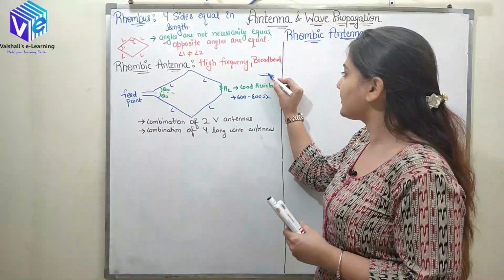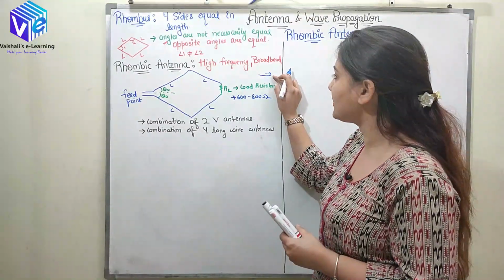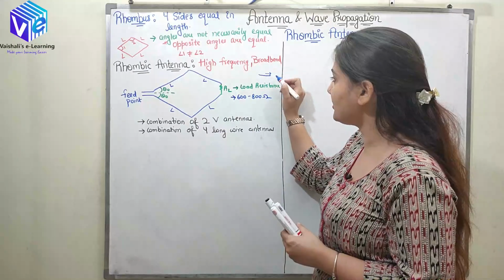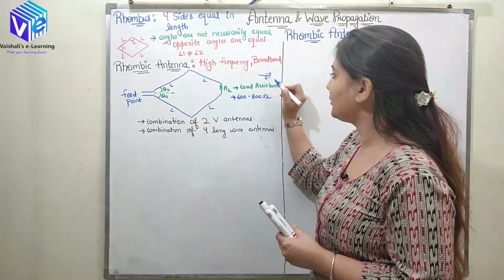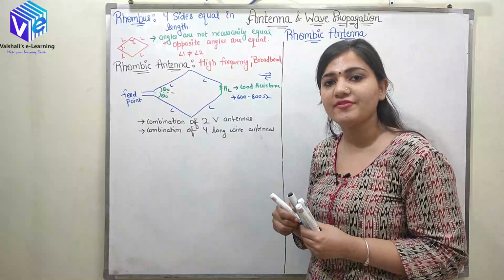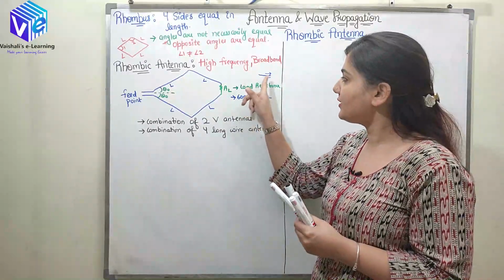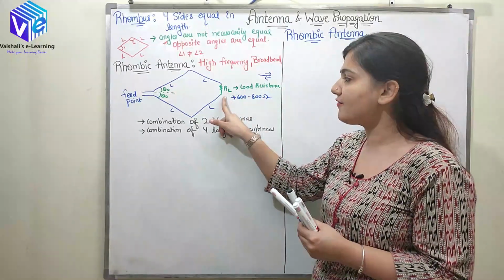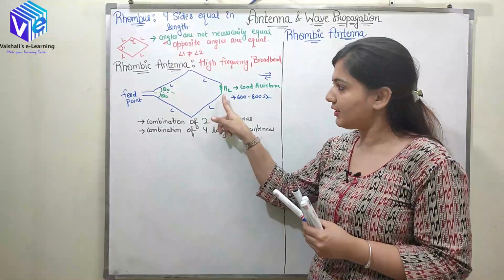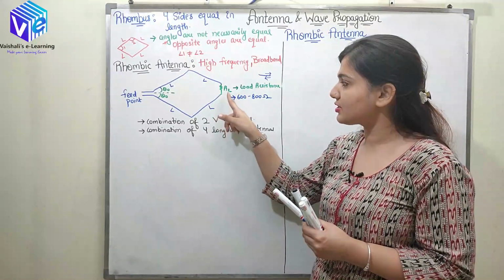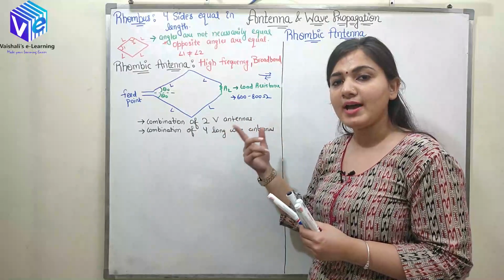So whenever current comes, it encounters an abrupt change in the conduction which makes the current return back, and this is called reflection. So to avoid this reflection of current, I have load resistance connected here. So this load resistance is removing my reflections.